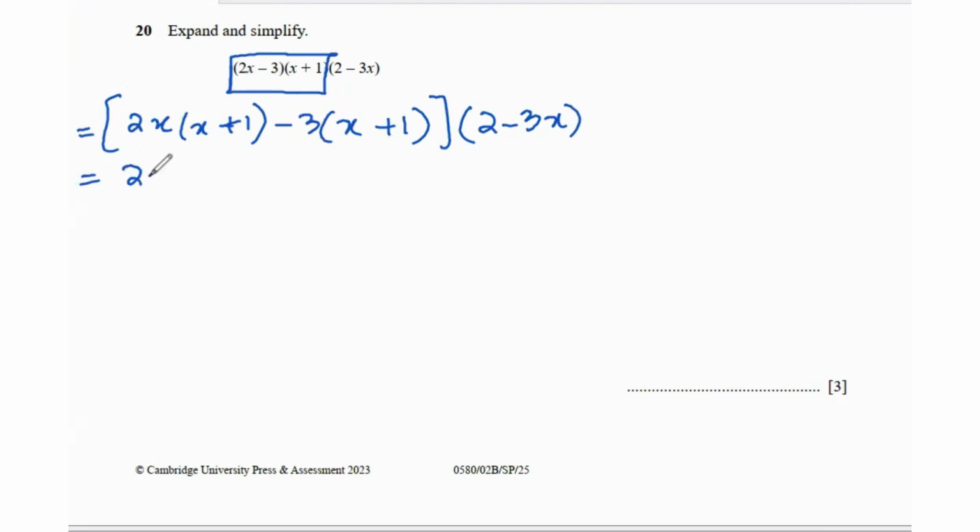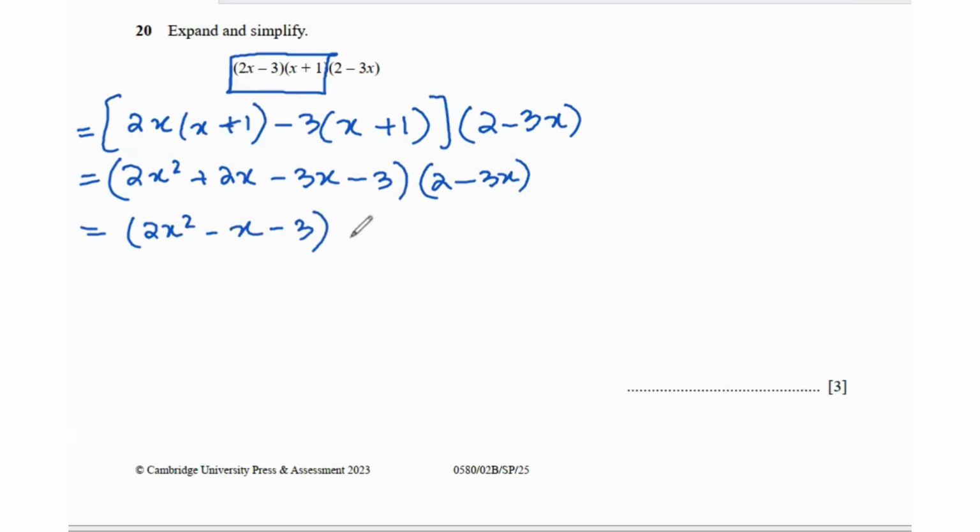So that's 2x squared plus 2x minus 3x minus 3, times 2 minus 3x. That's 2x squared minus x minus 3, times 2 minus 3x. So now we expand the bracket again. 2x squared gets multiplied by 2 minus 3x.